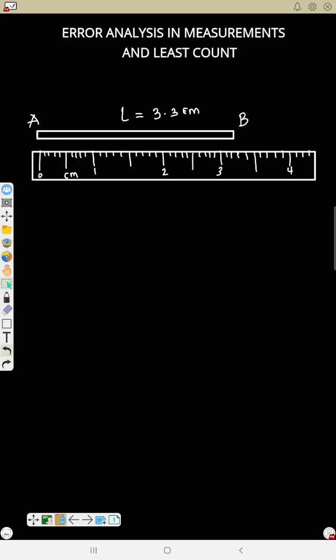Now that is least count, LC in short. You can define least count as the smallest measurement that can be measured accurately by an instrument.